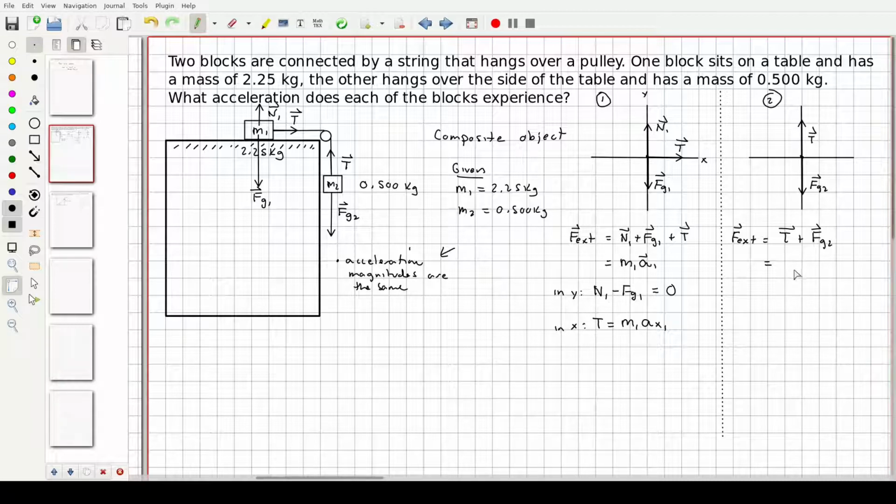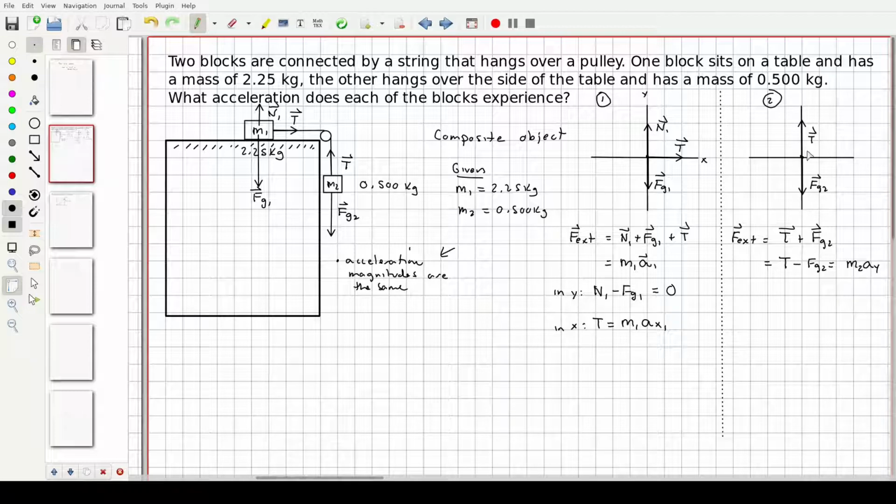Number 1 is going to accelerate to the right. The tension is positive, but the weight is negative. Now, this difference is going to act on mass 2 to cause it to experience acceleration downwards.